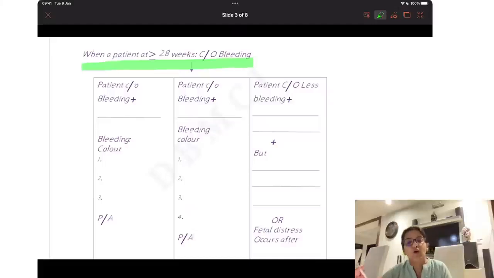From the history of the patient, from the presentation, from the examination findings, you have to come to a conclusion whether you are dealing with placenta previa or abruptio. And these are the types of questions which are being repeatedly asked these days.